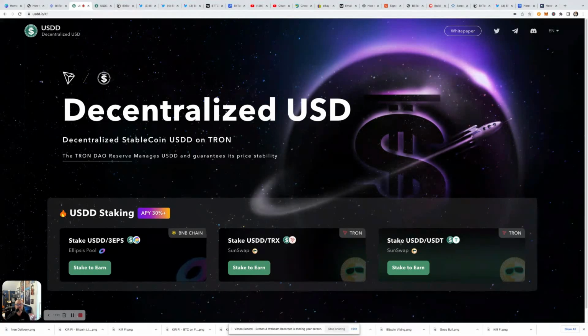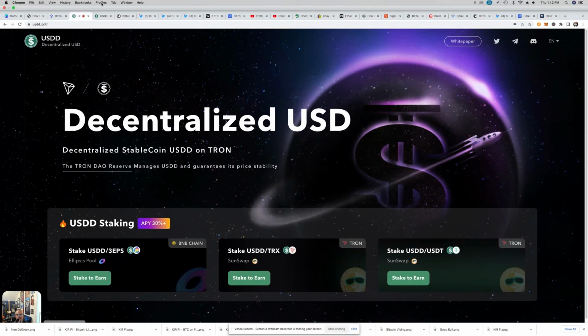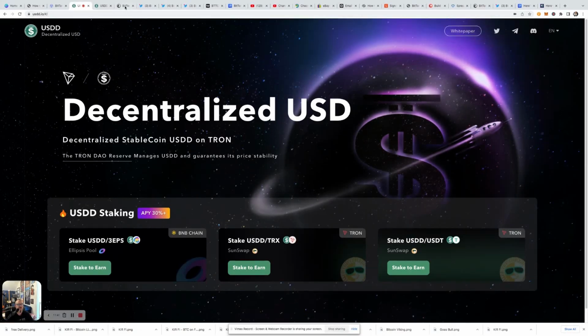And then we've got another staking option here that is USDD USDT. So staking options all around on this one. Very, very interesting. And by the way, USDD just dropped today, May 5th. So it just came out today. All right. Okay. Moving forward.